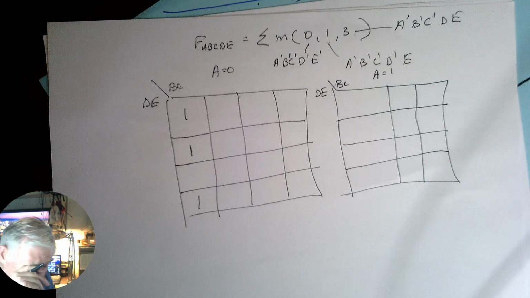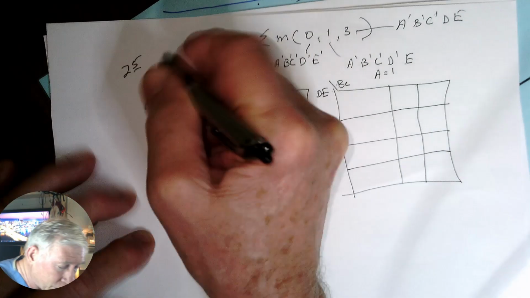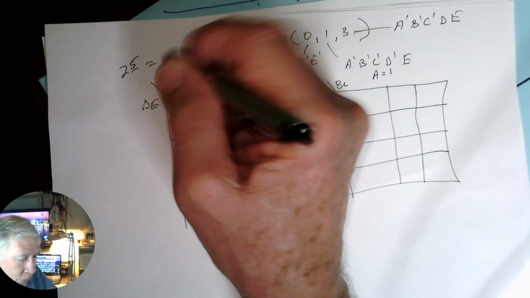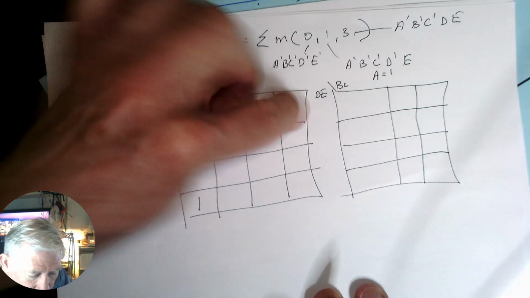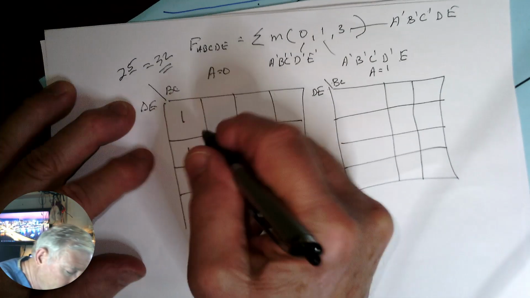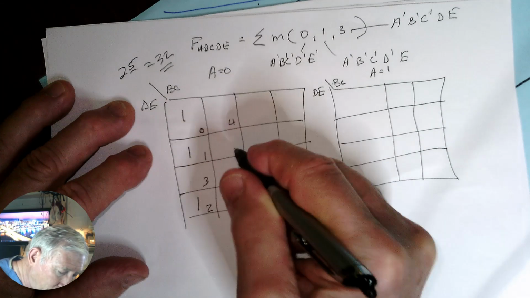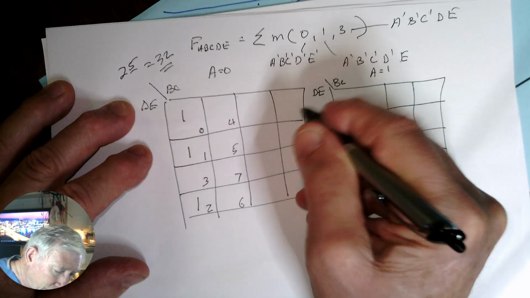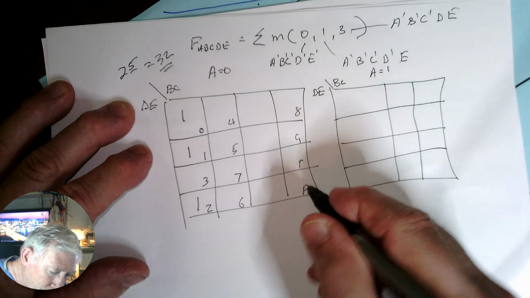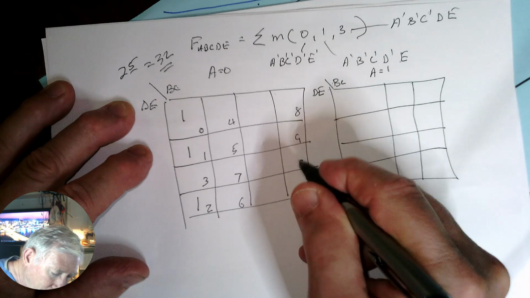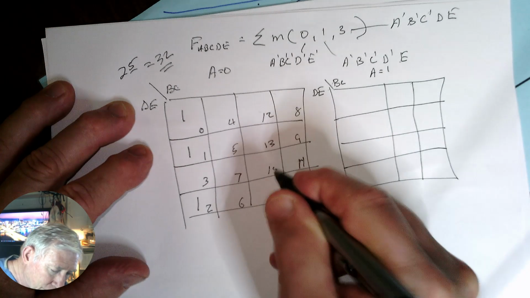So the way this works, remember, if you have 2 to the 5, so you have 5 variables, that's 32. So we normally number them 0, 1, we flip the rows, 2, 3, 4, 5, 6, 7, 8, 9, 10, 11, 12, 13, 14, 15.